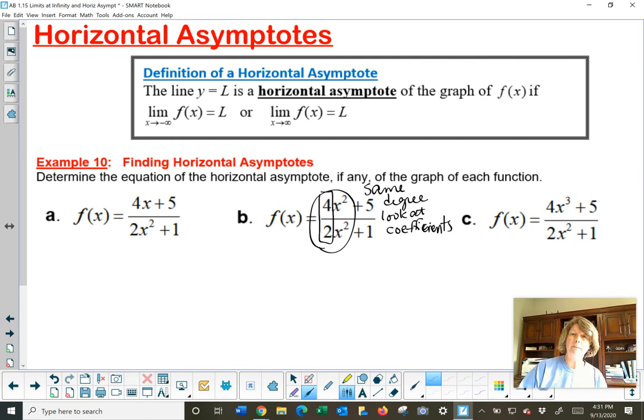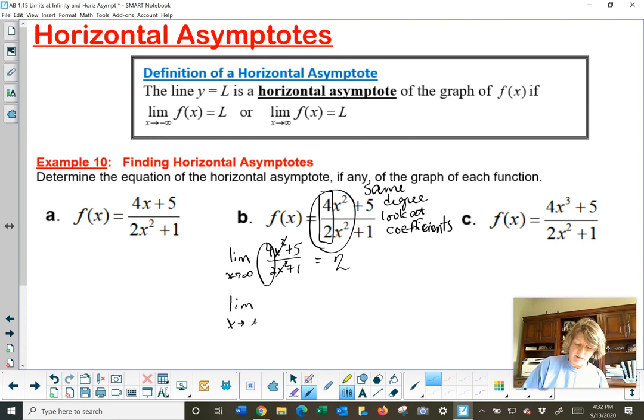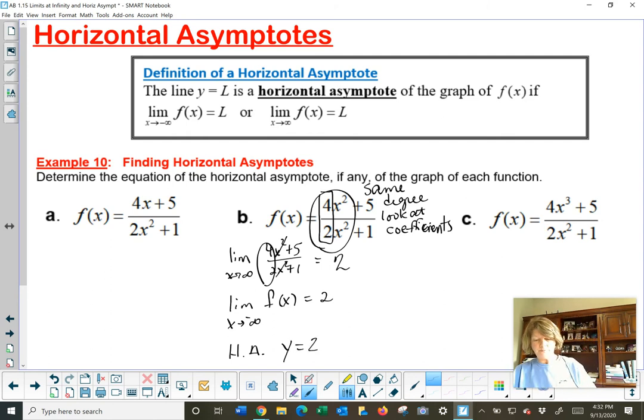So I know that the limit as x heads to infinity of 4x squared plus 5 over 2x squared plus 1 is going to be, well, the x squareds are going to cancel. I'm going to have the 4 over 2. We're headed to 2. And positive and negative infinity will be the same because of the squaring going on with the x. So the limit of f of x will be 2. We have a horizontal asymptote at y equals 2.